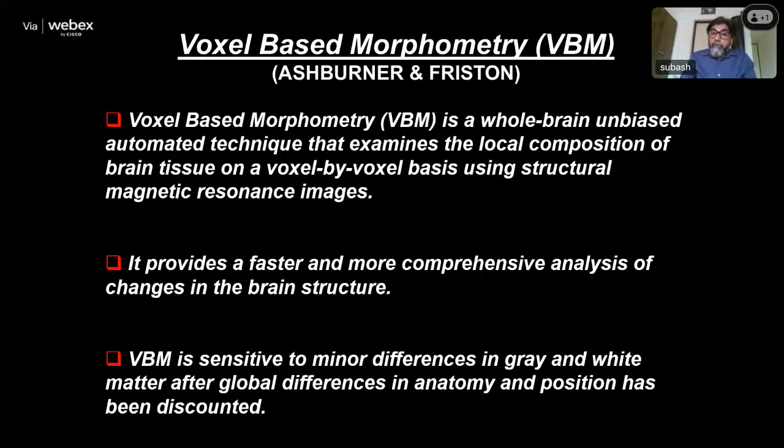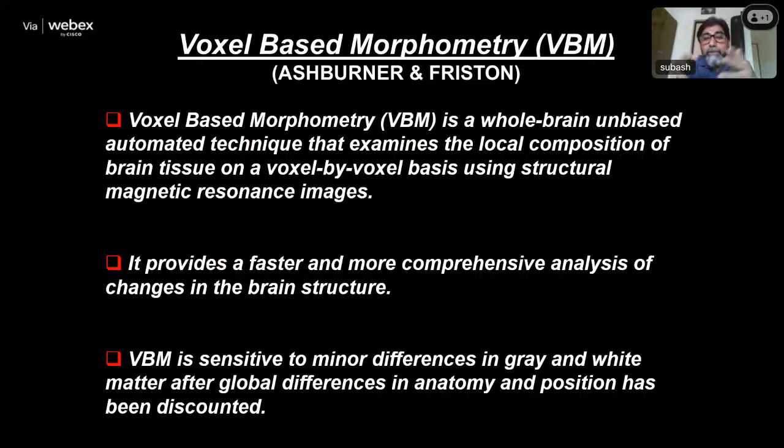So here in voxel-based morphometry, you acquire 3D T1 images of the brain with very high resolution, as good as 1 millimeter slice thickness, and 1 by 1 millimeter pixel dimensions. If you want to compare two populations, you will compare two brain images voxel by voxel and see whether the voxel falls into the gray matter area or the white matter area or CSF.